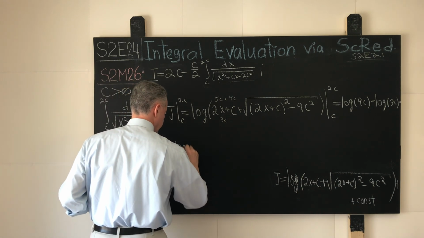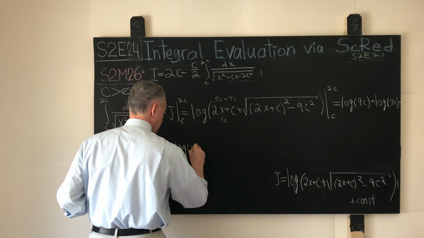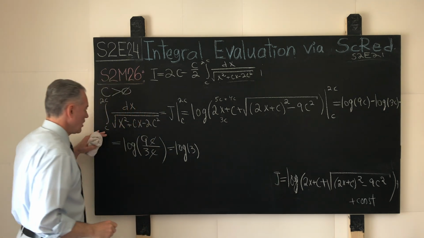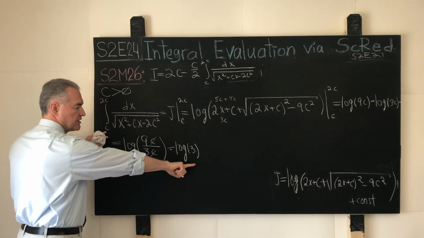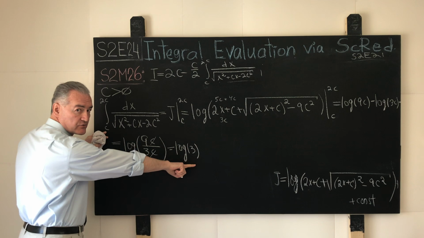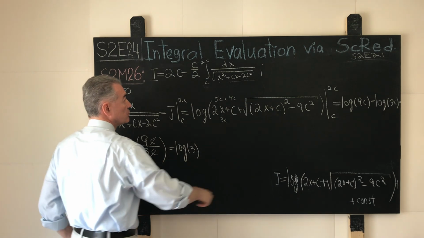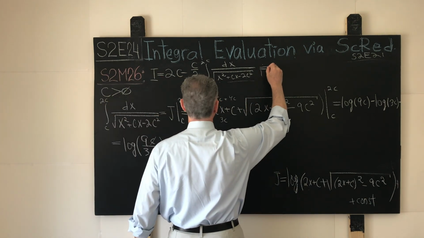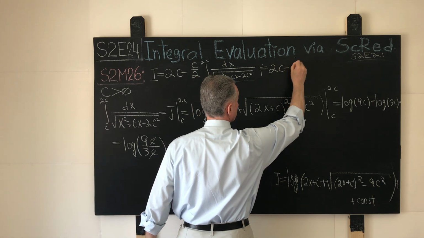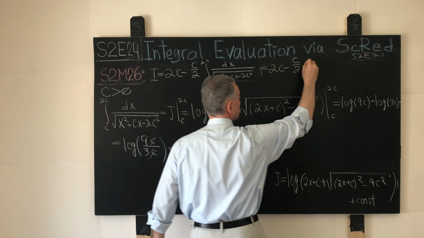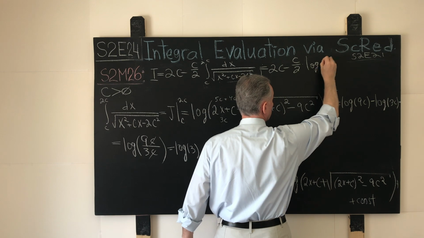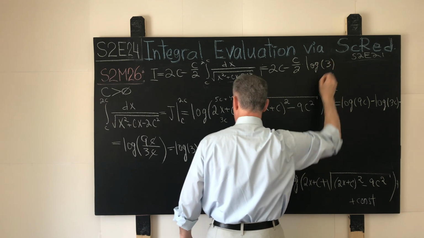And we have a very neat answer, log of 3. So our integral shown over here is simply the natural logarithm of 3. So here we write down our answer, 2c minus c over 2 times logarithm of 3.